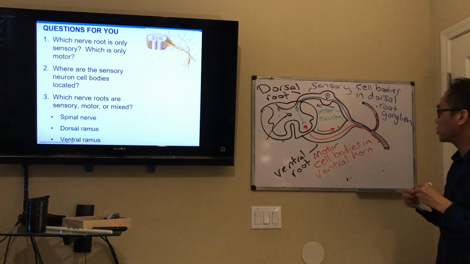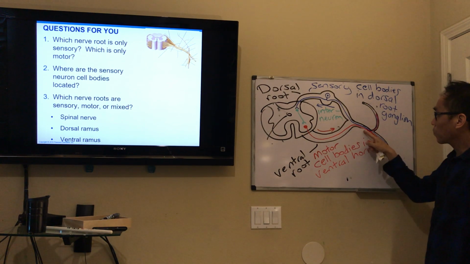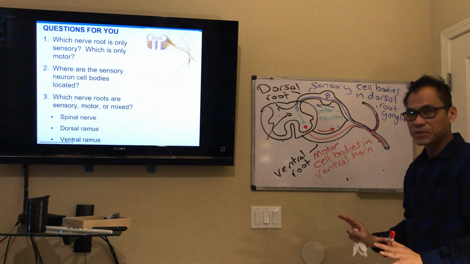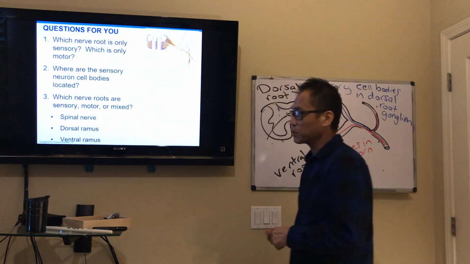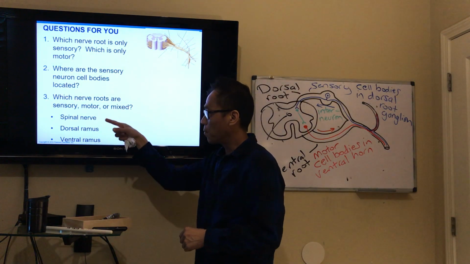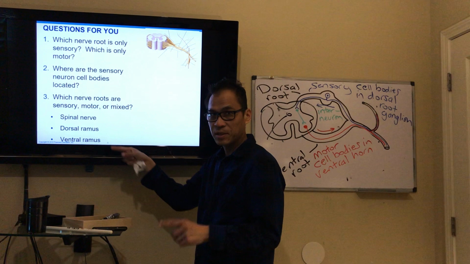It's kind of hard to draw, so just know that spinal nerve, dorsal ramus, ventral ramus, they're all mixed nerves. They have sensory and motor function. Okay. So mixed, mixed, and mixed. Let's move on.